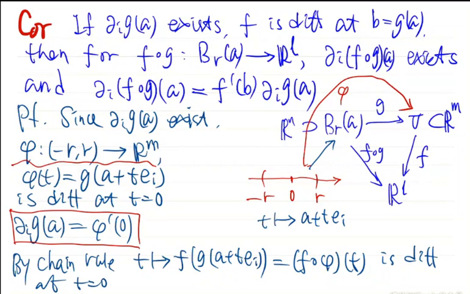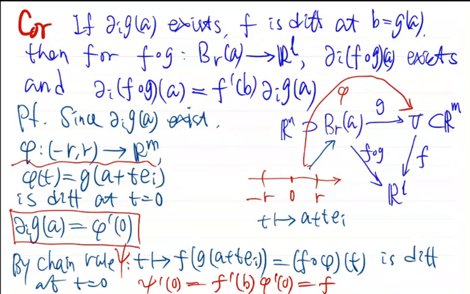This map we denote by psi. And the derivative is the derivative of f at the point b, composed with the derivative of phi at 0. But the derivative of phi at 0 is nothing but the partial derivative of g at the point a.